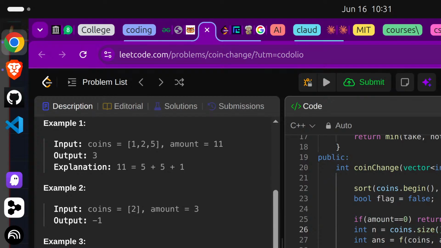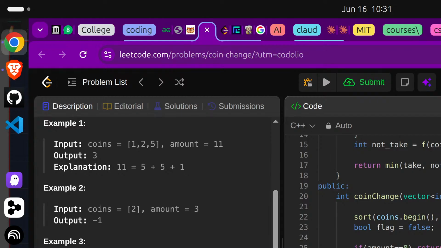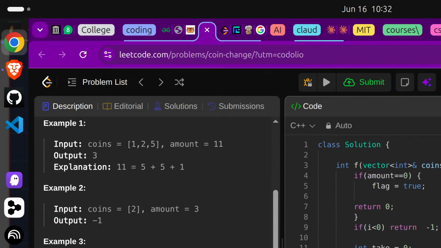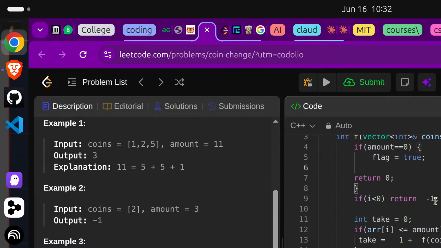Okay, so return 0. And if I is very less, because we are taking the minimum, we should return a very big number, right? Let's return this.